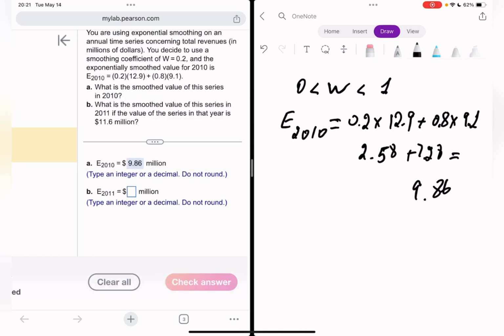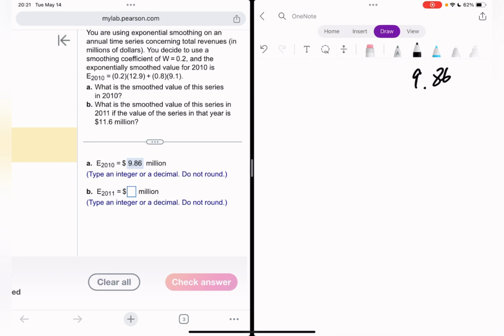Okay, finally. Silly mistakes. So that was the exponentially smoothed value for 2010.